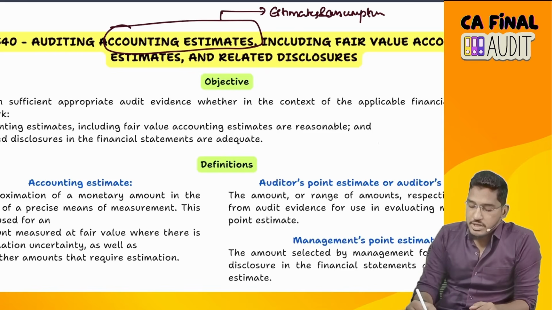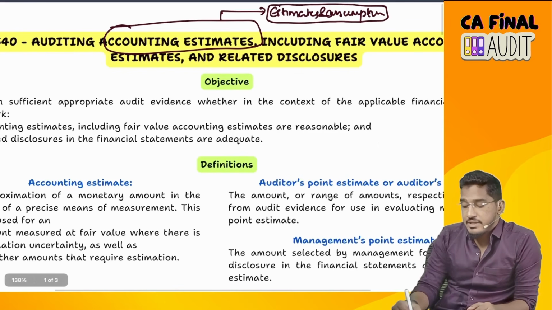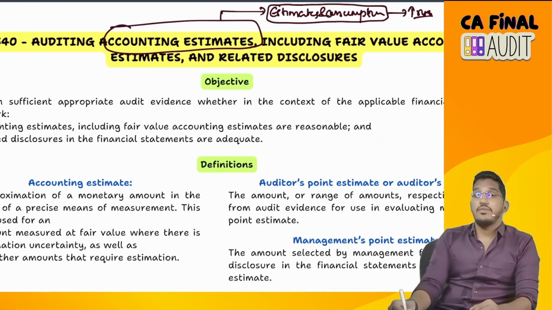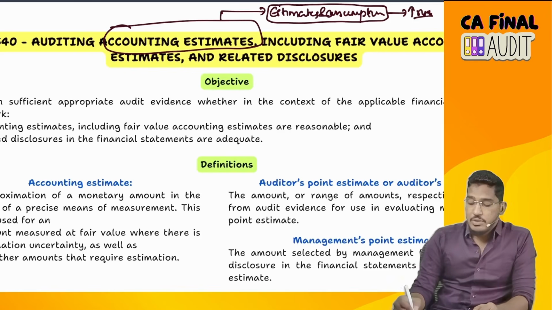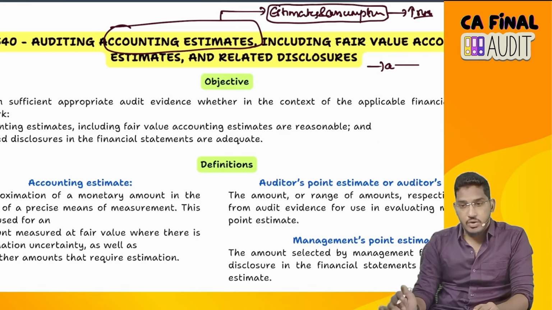But if you pay close attention here, whenever the management is using estimates and assumptions for the purpose of calculation, obviously in that area risk is very high. Obviously in those areas, the chances of misstatements are much higher. Why? Because if you can measure something with accuracy, we can determine whether it is correct or not.